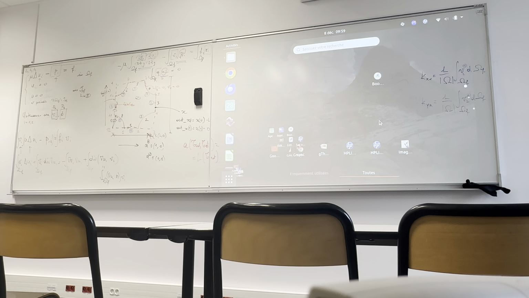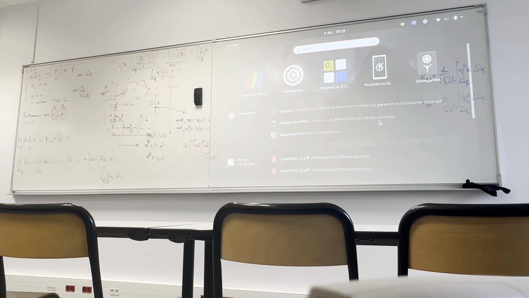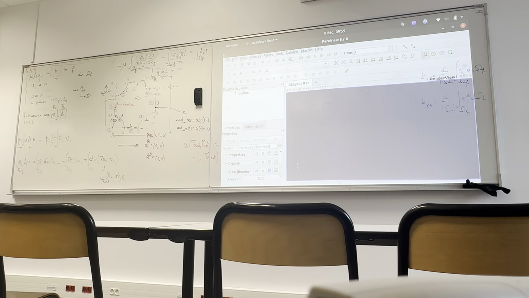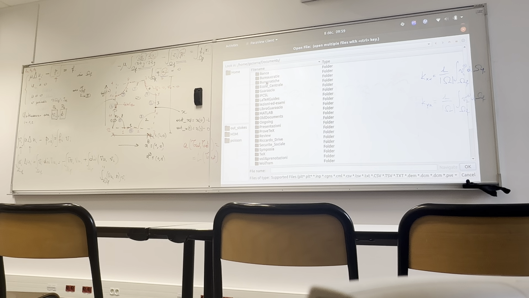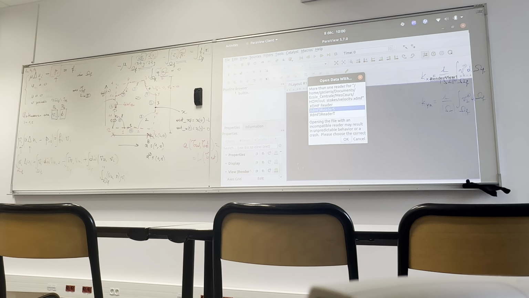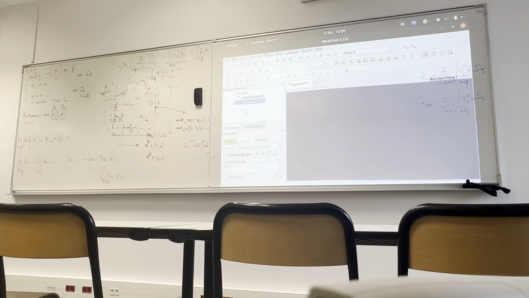next time, but we can have a quick look via ParaView at the solution. The velocity.